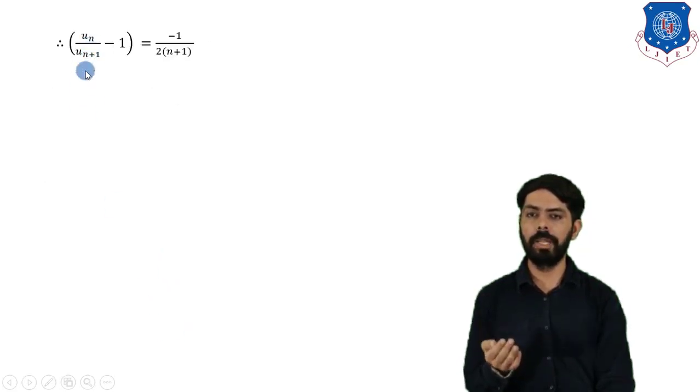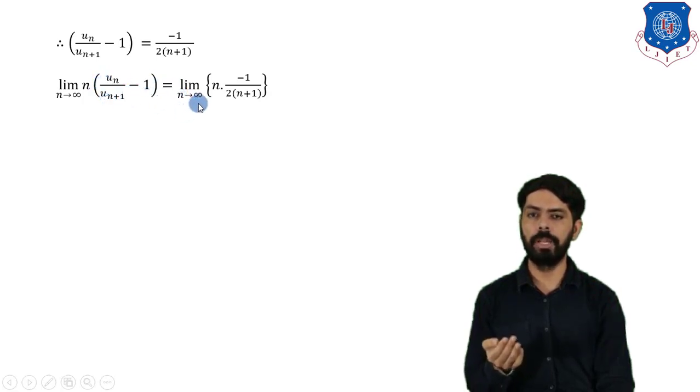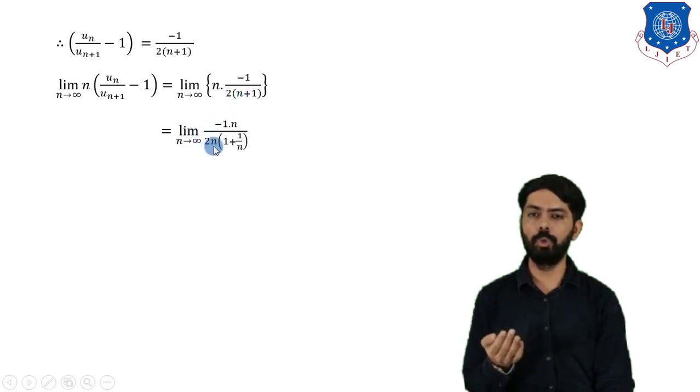Therefore u_n divided by u_(n+1) minus 1 is equal to minus 1 divided by 2 into (n+1). Now we will have to find out limit n tends to infinity n into (u_n divided by u_(n+1) minus 1). So this will be limit n tends to infinity n into minus 1 divided by 2 into (n+1). Now we will take n common from denominator, so it will be minus n divided by 2n in bracket 1 plus 1 divided by n.